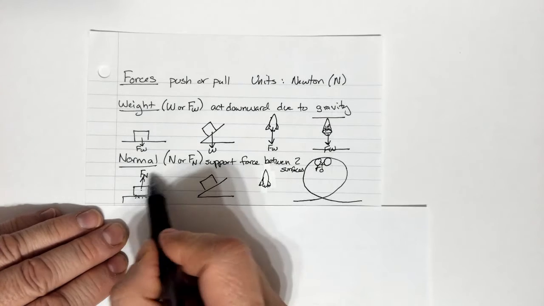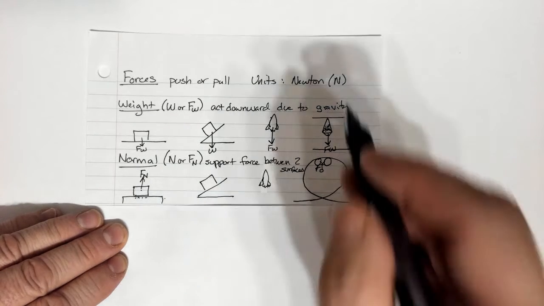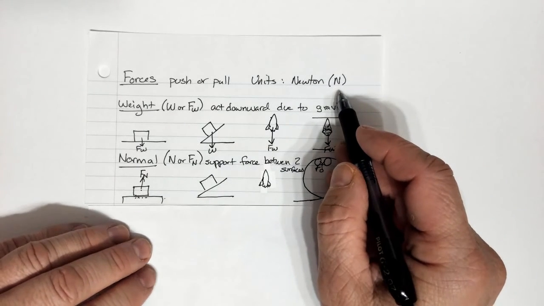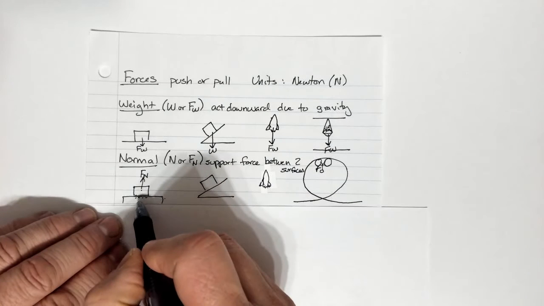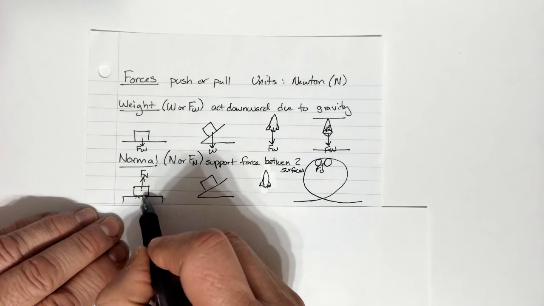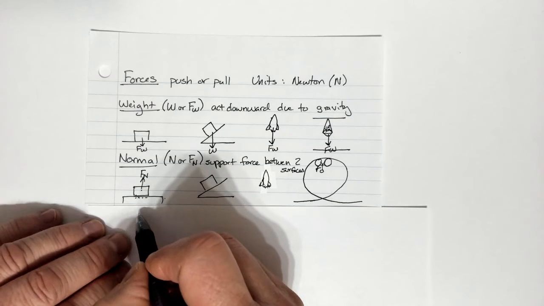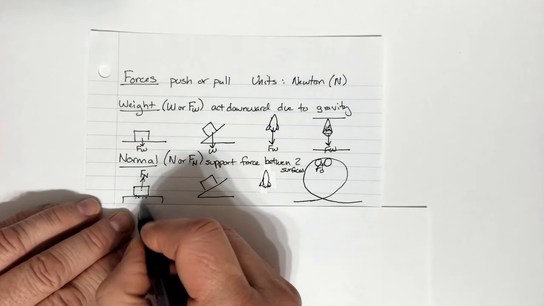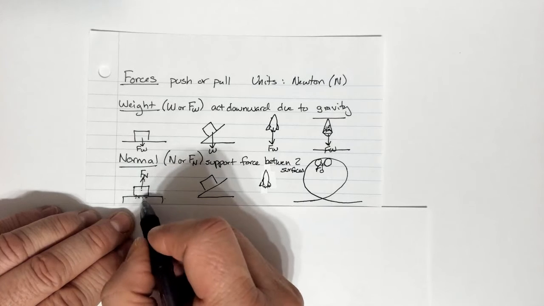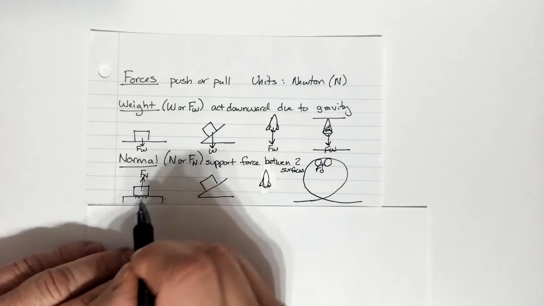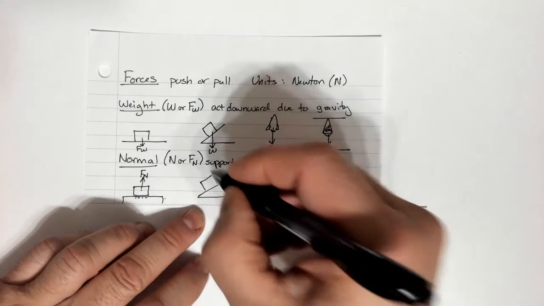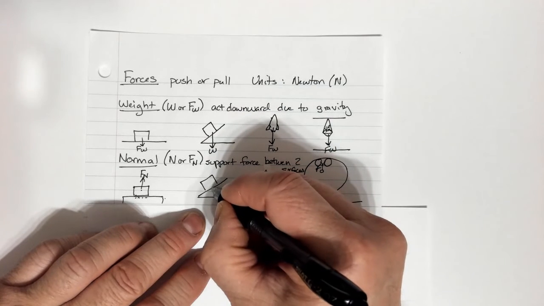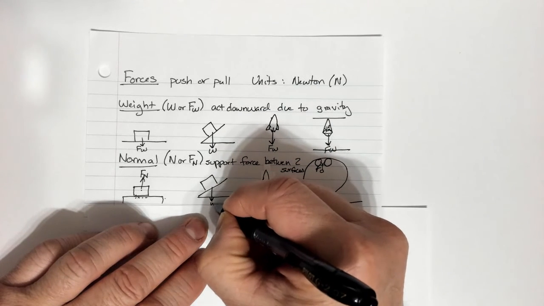Okay, and the reason why I don't like to make it an N is because newtons is also a symbol for the actual force itself. So if this table did not support it, the box would fall through and break the table. So this table is pushing back on the weight, which is acting down, and so it's canceling it out. So there is a support force. If I do this, and let's say we talked about this earlier, we have a force of weight acting down.